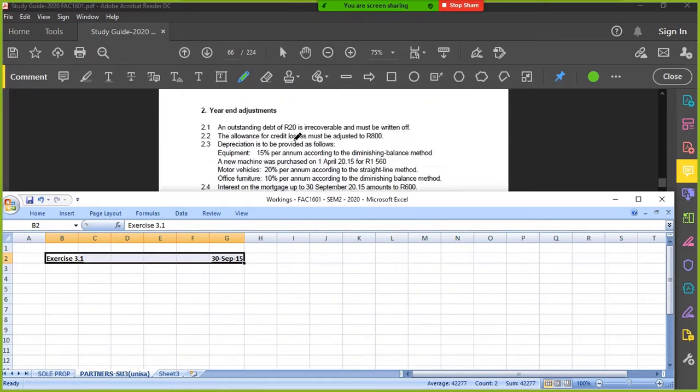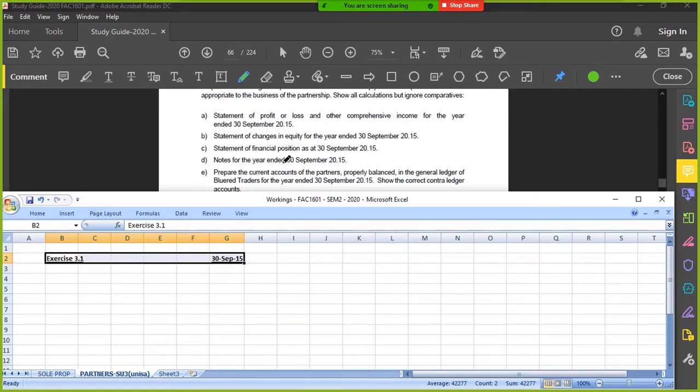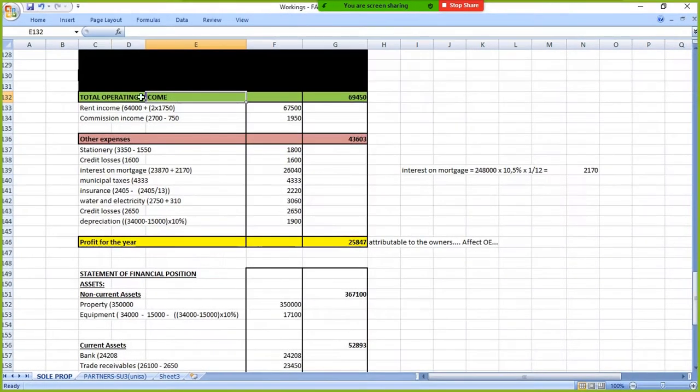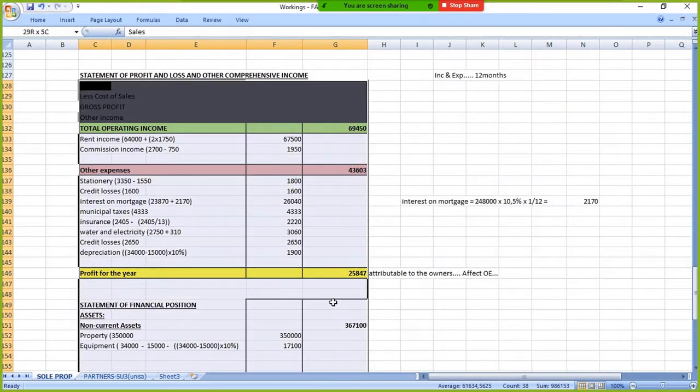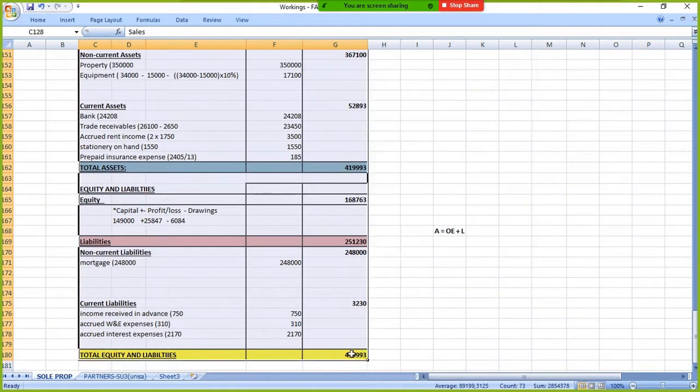Second step. Look at the required here. What does the required want us to draw up? Lots of things. Profit and loss and other comprehensive income. That's a template. We're going to take our template here. And the statement of financial position as well.